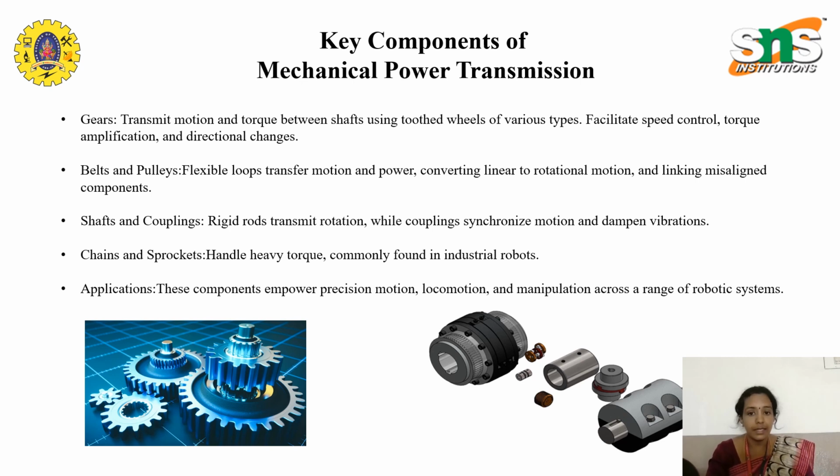This converts linear to rotational motion and links misaligned components. Shafts and couplings: rigid rods transmit rotation, while couplings synchronize motion and dampen the vibrations in the robotic system. The next type is the chain and sprockets. This handles heavy torque commonly found in industrial robots.